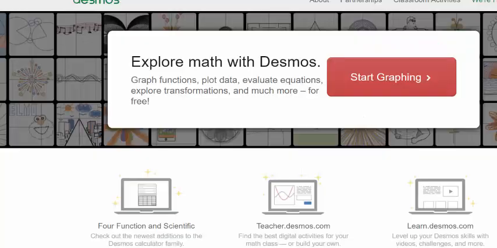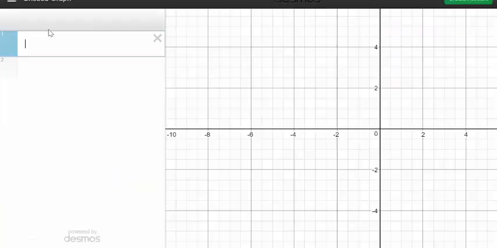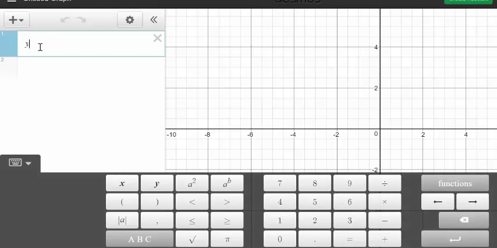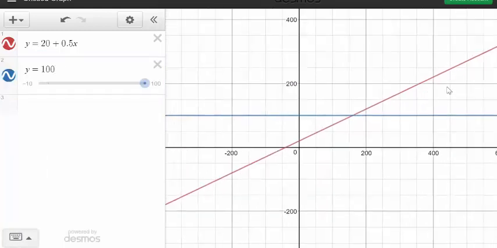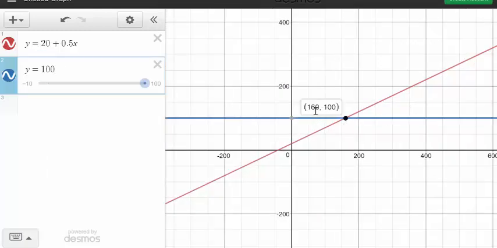Let me show you here. If you have Desmos, graphing is fine. Watch how it's done. Y equals what? 20 plus 0.5x. And then what else do I type? Y equals 100. I can't see it, so I zoom out. And there it is, where they meet. So there's your answer, 160 and 100.